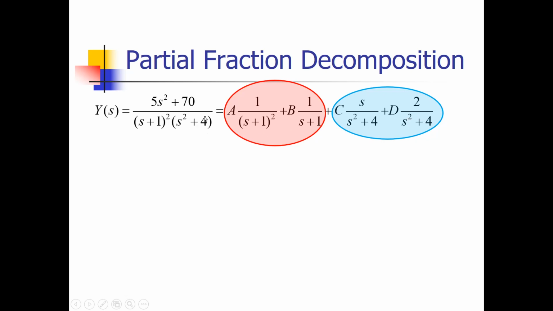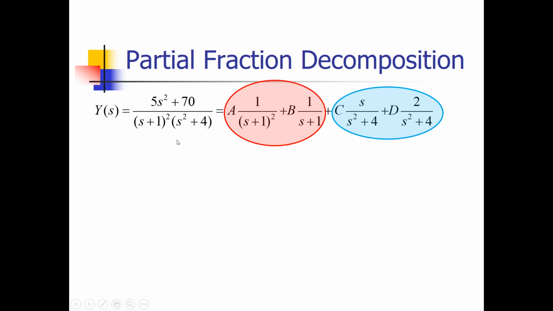The sine function which has this in the denominator yields 2 over s squared plus 4, because when this is omega squared in the Laplace transformation table, then for the sine, here is my omega. So it's d times a sine function, in this example 2 over s squared plus 4.